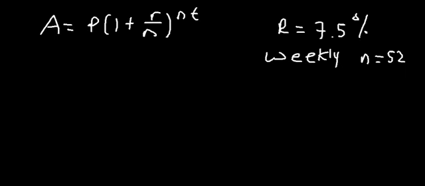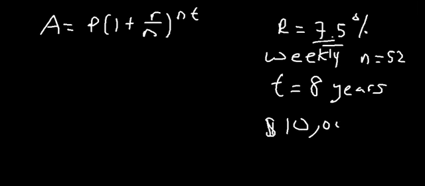So let's say that you have an account that credits you 7.5% interest, this is the annual interest rate, but it breaks it down, it credits you every week. And let's say you want to find out what initial investment you need to put in so that after 8 years you have a final amount of 10,000.